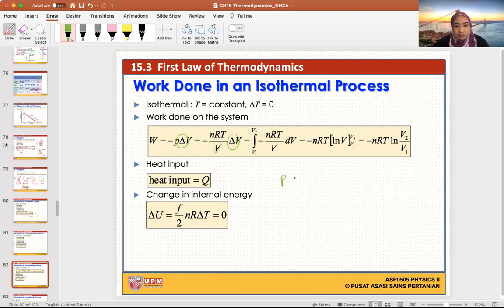Okay, I know that PV equals to nRT and P delta V equals to NR delta T. But in this case, they didn't want the change in temperature because temperature is constant. So this delta cannot exist. So what happens is nRT, they said, okay, I want to put in the change in volume. So I have to cancel it out with another volume.